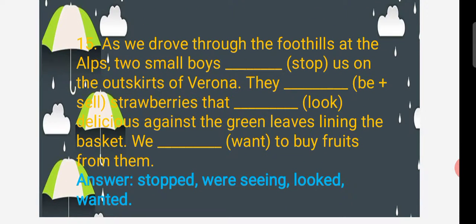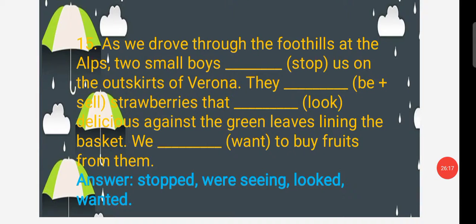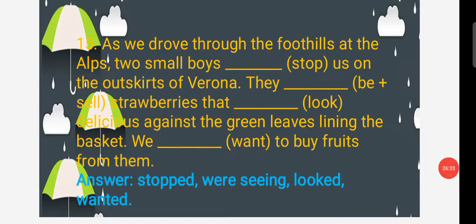So 15th one and the last question that we are going to discuss today. As we drove through the foothills of the Alps, two small boys dash. Again this lesson is in the past tense. Stop past tense becomes stopped us on the outskirts of Verona. They dash strawberries. B plus sell. So was, be becomes was, sell becomes selling. Since they are there, many are there, you can't use was, you have to use were.